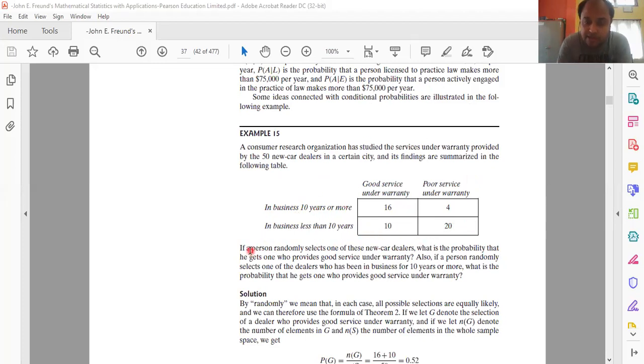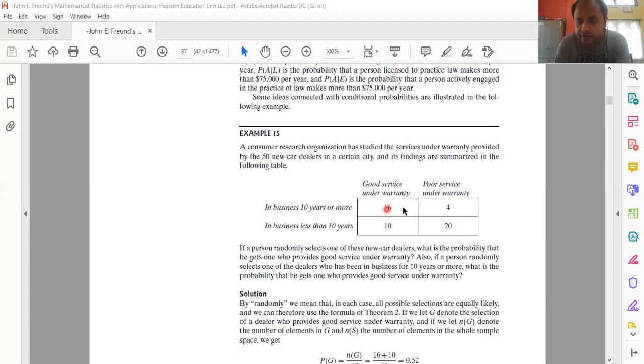Now, the requirement is: if a person randomly selects one of these new car dealers, what is the probability that he gets one who provides good service under warranty? Look at this line carefully.